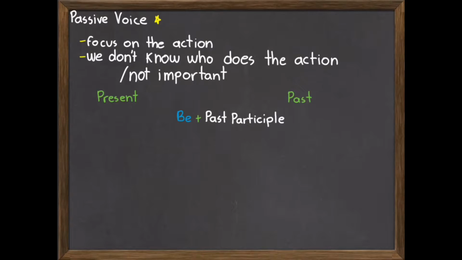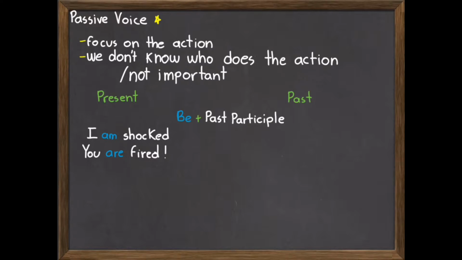For example, in the present we could say, I am shocked, or you are fired. They are both present passive sentences because we use the passive or the verb to be as an auxiliary, and we use the past participle for the verbs shock and fire.